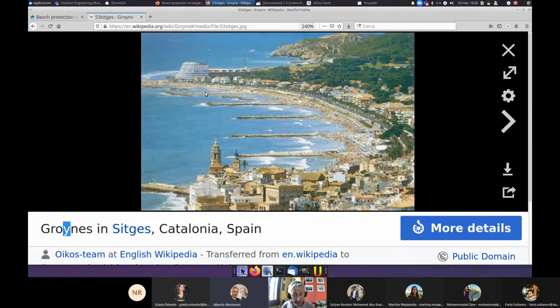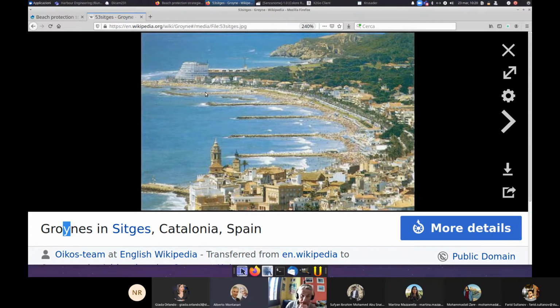If you look at the beach zones between each couple of groins, what you see is that the beach is U-shaped. In particular, in this case, my guess is that the dominant waves are traveling in a direction that is entering into the screen.